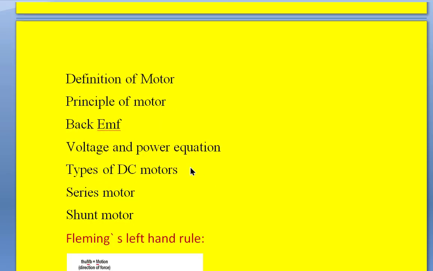Then we have seen the types of DC motors: self-excited motors, separately excited motors and permanent magnet motors.